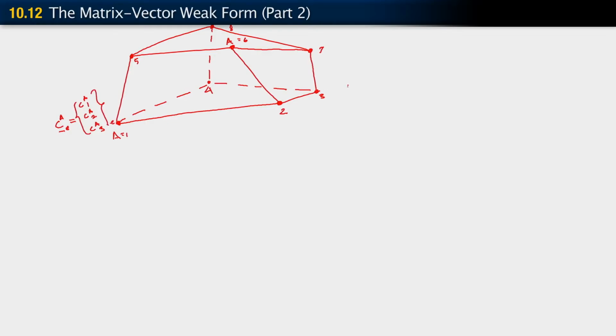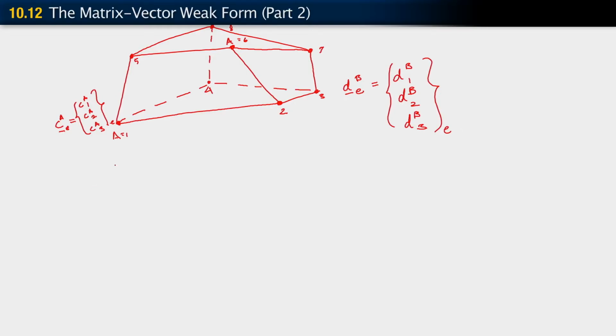So I would say that D_AE, or D_BE, that's a dummy index of course, but anyway, let's write it as D_BE, is equal to D_B1, D_B2, D_B3, for element E. Essentially what I'm going to do is observe that in the case of the trilinear element, how many total scalar degrees of freedom do I have?